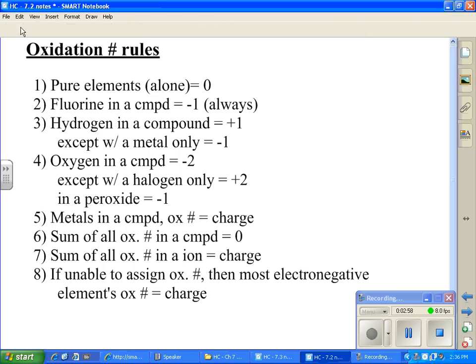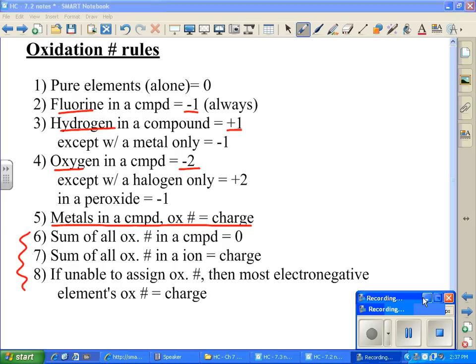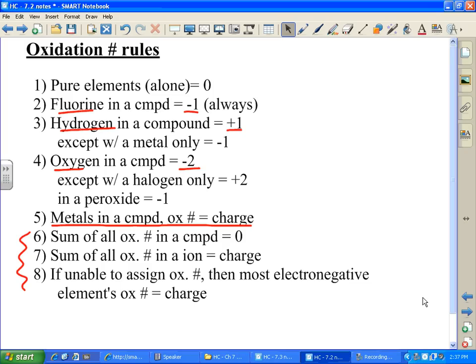So as you look on the first page of the section, here are the different rules and statements that apply. And as you can read through these, most of these make pretty much sense. Fluorine we've talked about, -1. Hydrogen, +1. Oxygen, -2. Metals, oxidation number is the same as their charge. The last 3 statements are really the critical ones so that we can understand how to calculate the oxidation numbers of other elements.